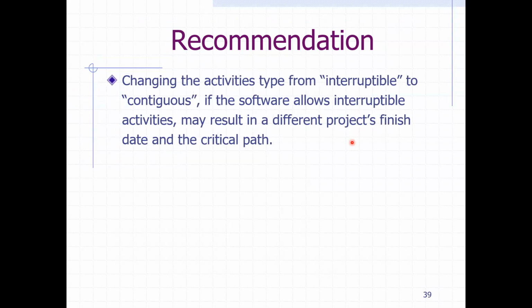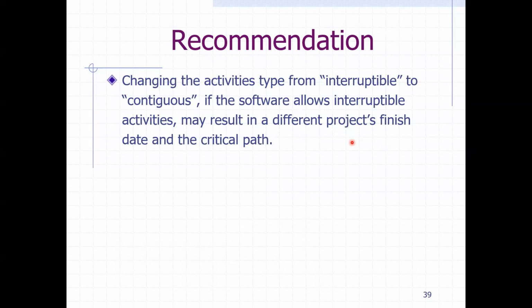So some recommendations: when you do scheduling, it is recommended to change the interruptible activities into contiguous, because it's easier to work with. If you remember when we started these lectures, we said contiguous is easier to work with and easier for calculation. So if the software allows you to do that, then you may do so.